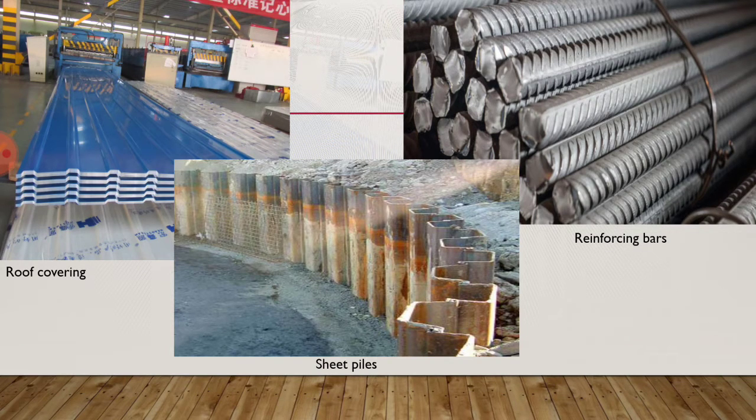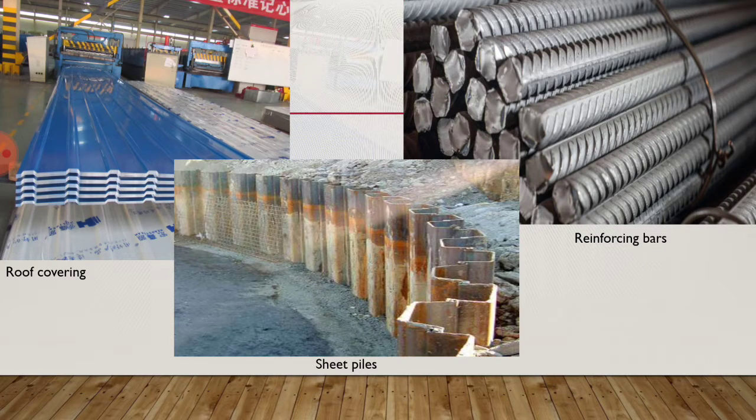And as mentioned before, here are some pictures showing the roof coverings on your left hand side, and on your right hand side showing the reinforcing bars, which I'm pretty sure most of you may already be familiar with. It is the most common use of steel in construction.